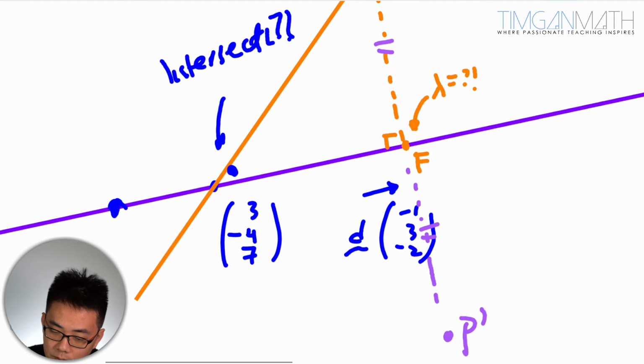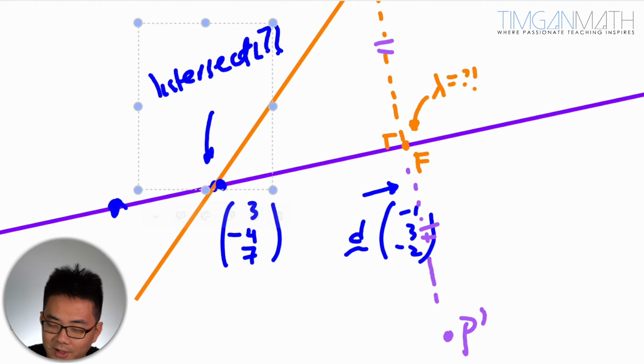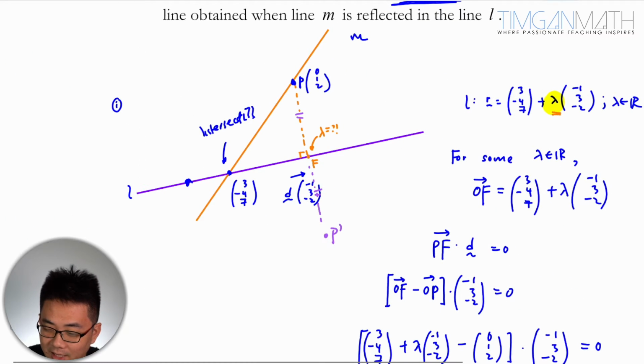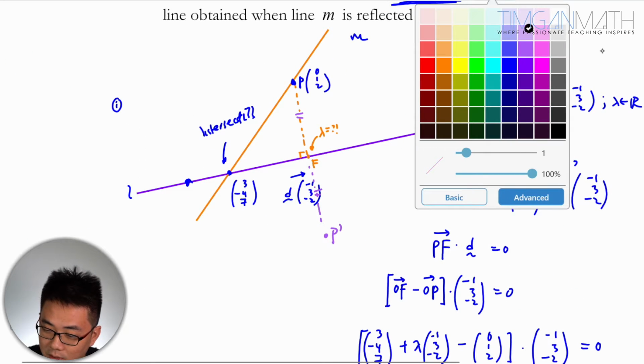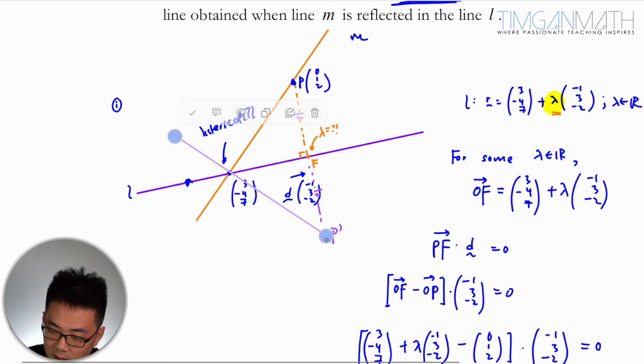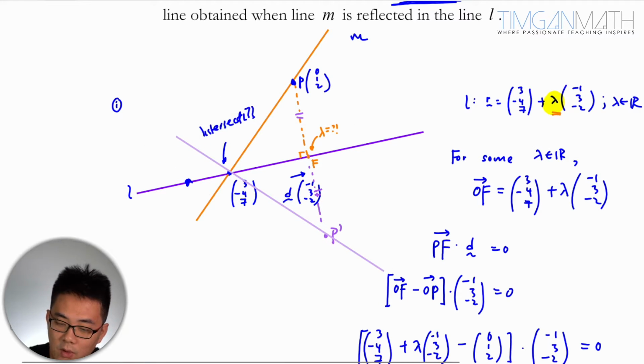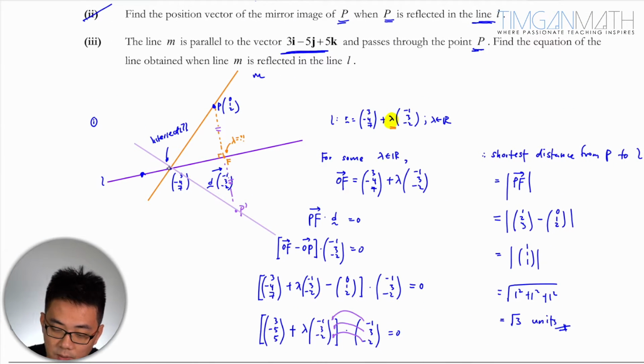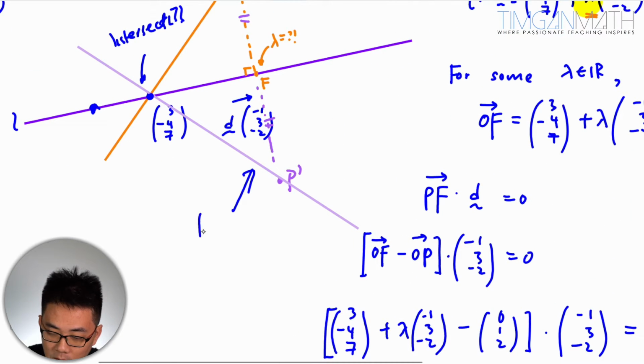So what we're going to do is find this line equation here. The reflection line will pass through the intersection point here, and it passes through the mirror image. Typically they will ask for the mirror image here. This is the line of reflection.